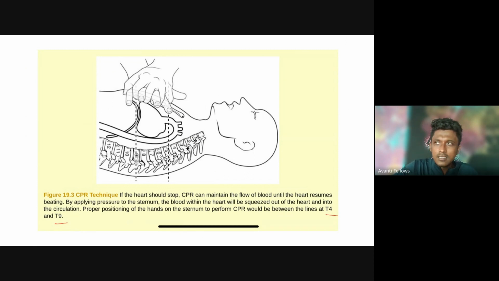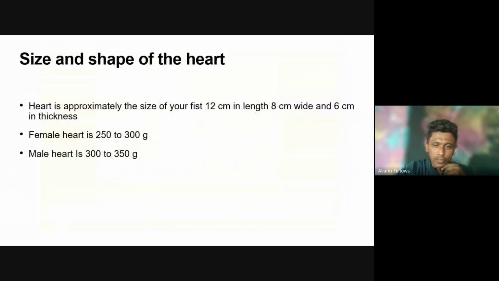It's a life-saving fact because it really happened once: a person went into myocardial infarction, a heart attack, and there was a flat line in his ECG, and eventually his heart got resurrected while performing CPR.